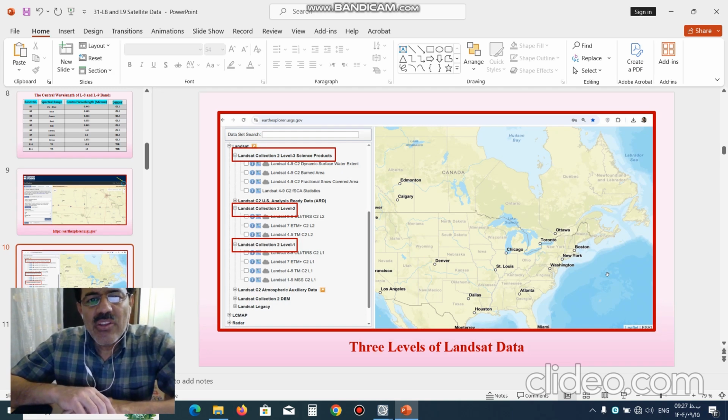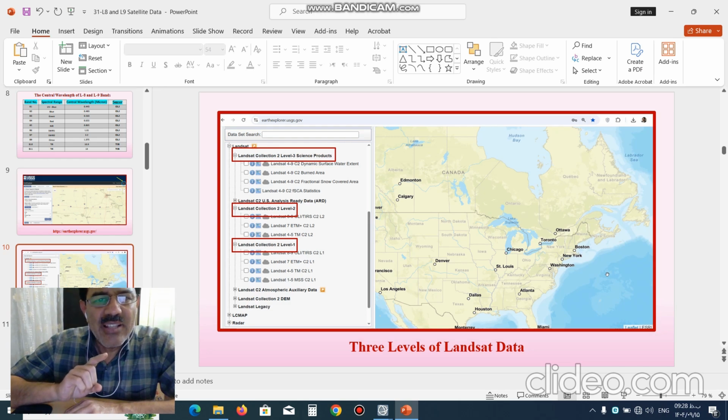When we need Landsat satellite data, we can see 3 levels of data or images in this slide: Landsat Collection 2 Level 1, Landsat Collection 2 Level 2, and Landsat Collection 2 Level 3.